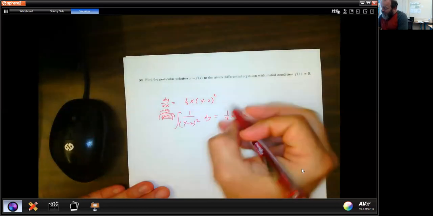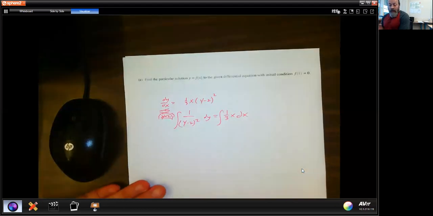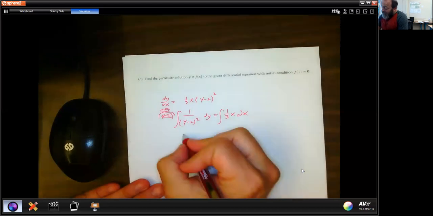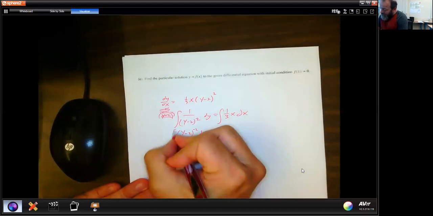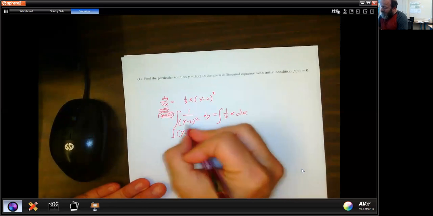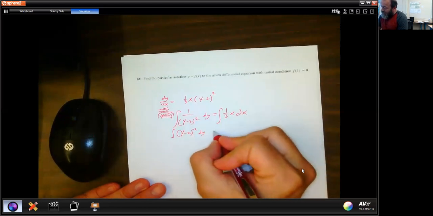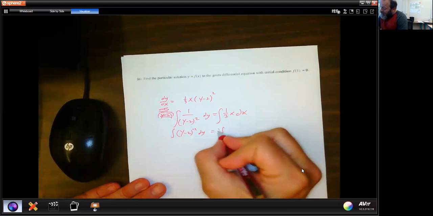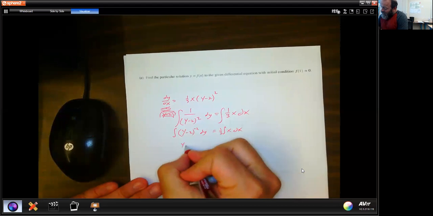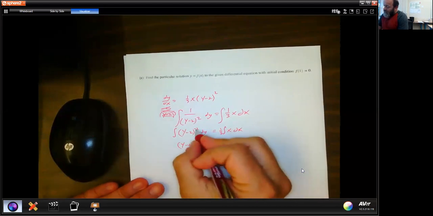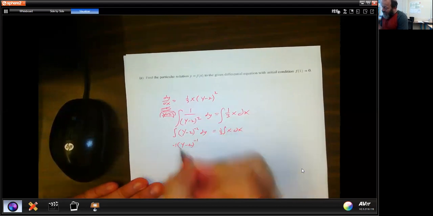We want to go ahead and integrate both sides, but it is honestly a little bit easier to look at this problem as more of a power rule. So instead of thinking about it as over (y minus 2) squared, think about it as (y minus 2) to the minus 2. Remember that constants can come in front. And so, of course, the power rule says we're going to go up 1, and then divide by that.